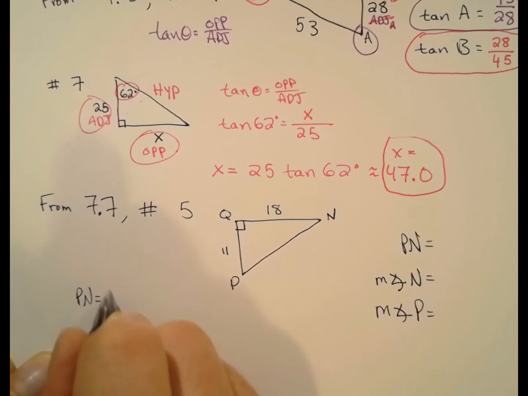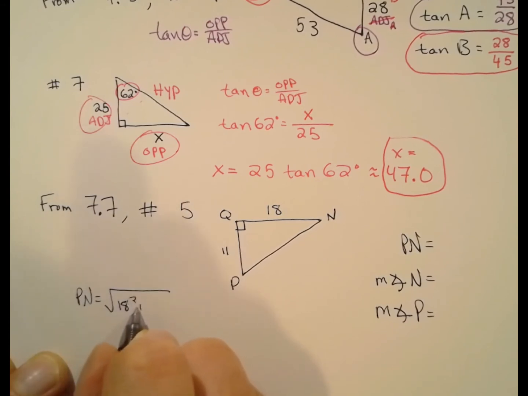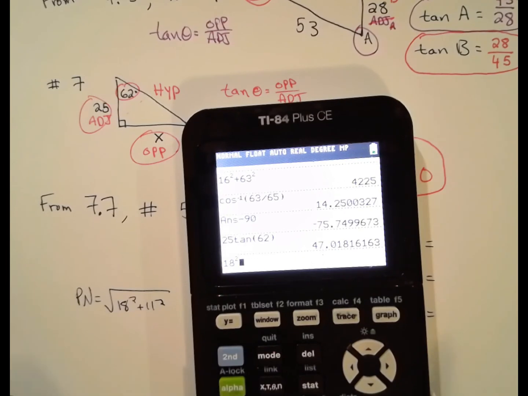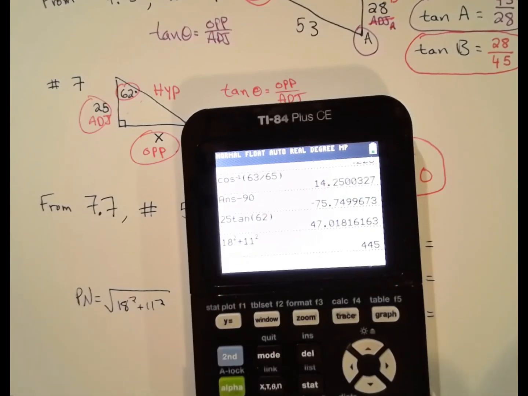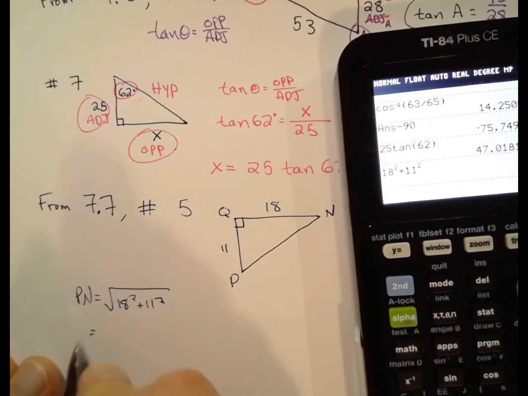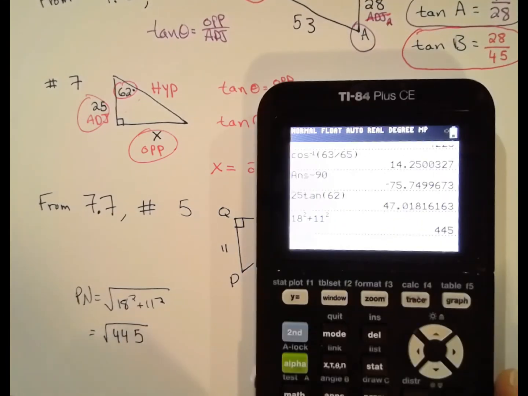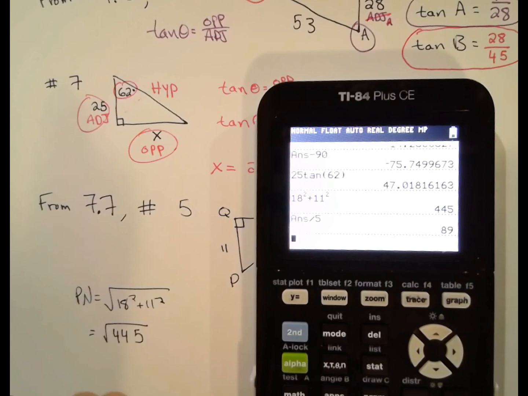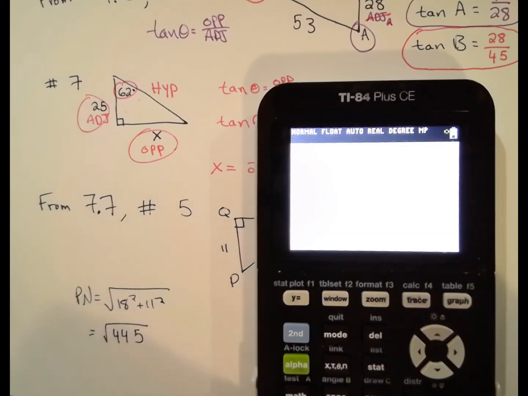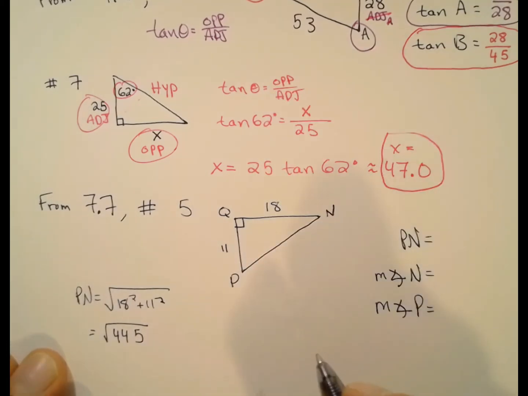PN is going to equal the square root of 18 squared plus 11 squared. Use my calculator for that. 18 squared plus 11 squared equals root 445. Can I simplify this at all? Let's divide a 5 out. 89 is a prime number, so nope, I can't simplify that.